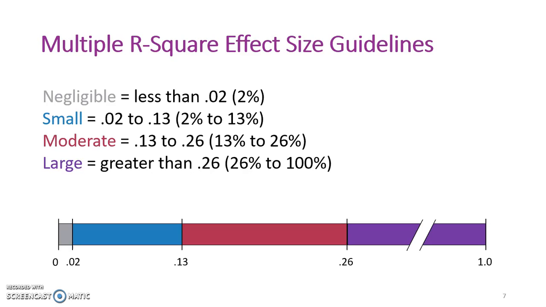Small would be 2% to 13% of the variation accounted for. Moderate, 13 to 26%. And anything larger than 26% we consider a large multiple R-square.